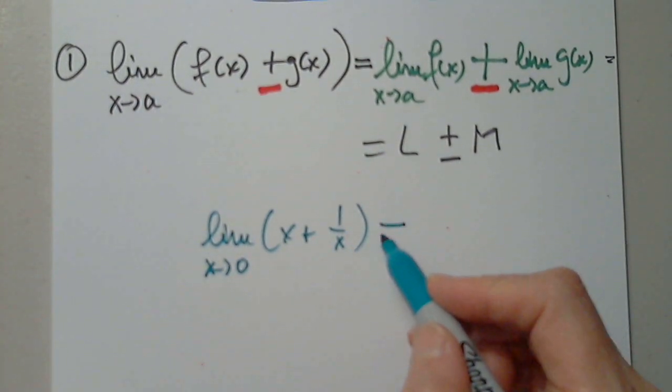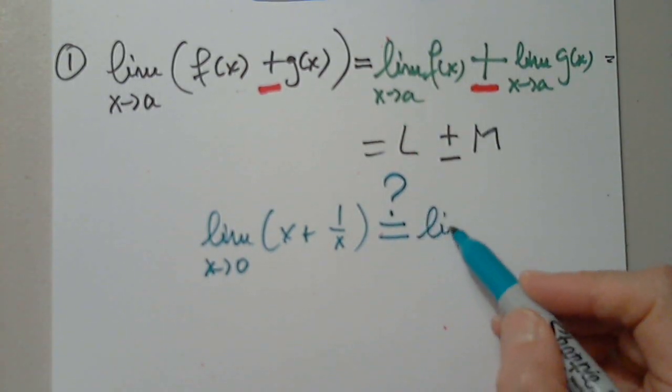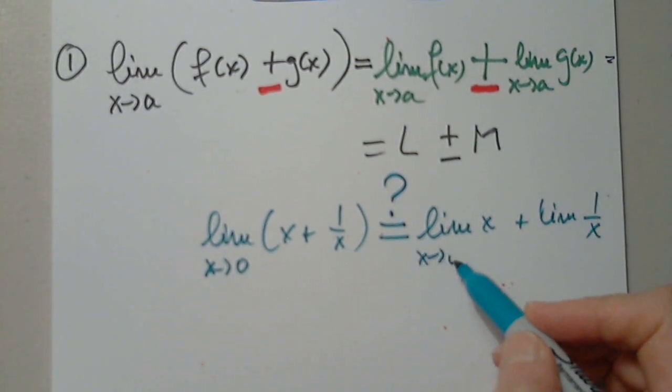My question to you is, according to this limit law, can I write the limit of x plus the limit of 1 over x as x approaches 0?